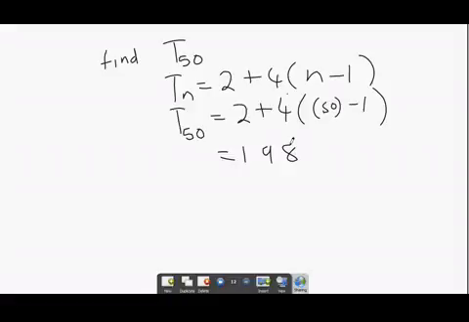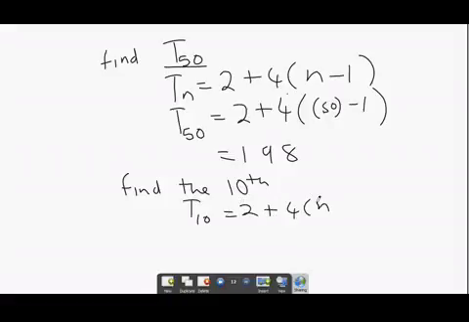So sometimes they can say find T50, sometimes they can say find the 10th term. You see? So they've got different ways of asking it. So the 10th term means that n is equal to 10. So in actual fact, what they want is T10. T10 is equal to 2 plus 4 bracket n minus 1. And then we substitute for n.